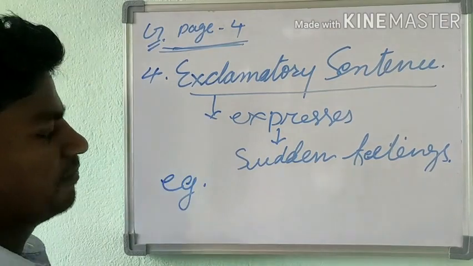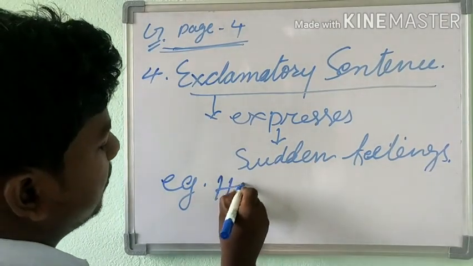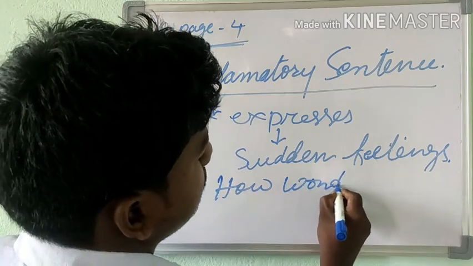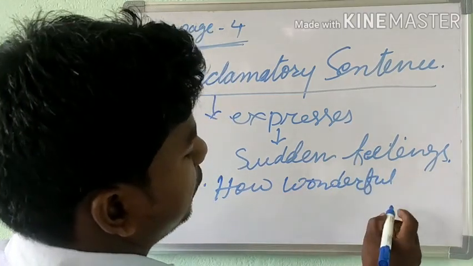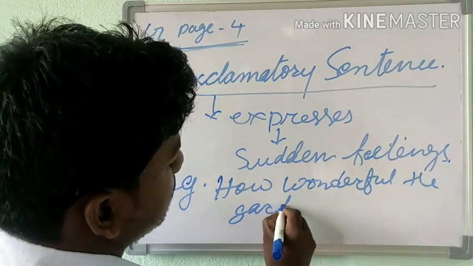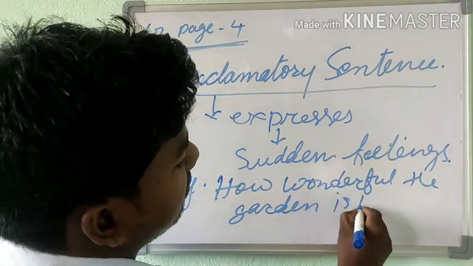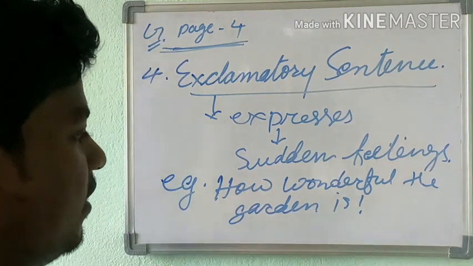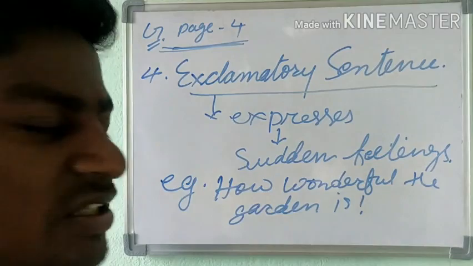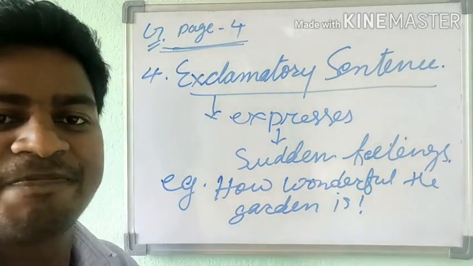For example, how wonderful the garden is. How wonderful the garden is. So this is when we say like that.